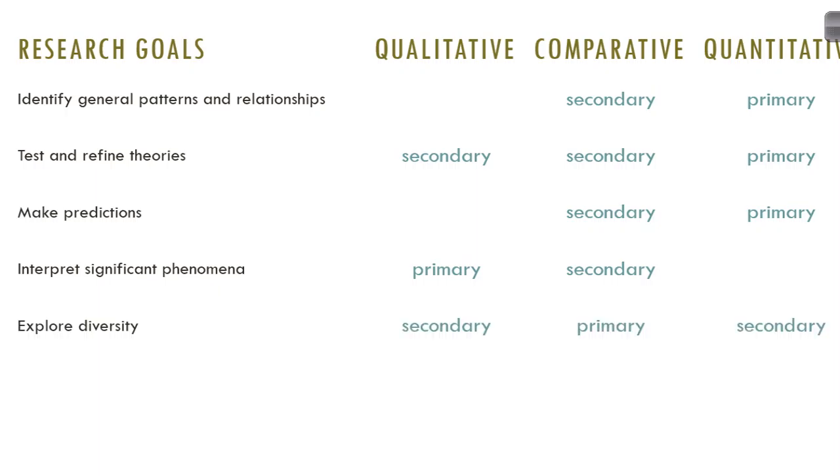When you're trying to explore diversity, which is our next goal, that's where comparative really stops being your backup kind of plan and becomes your primary mode of operation, so to say, because, well, the very definition of comparative research strategy is to look for differences, look for, well, diversity between your cases, look for patterns and divergent patterns.